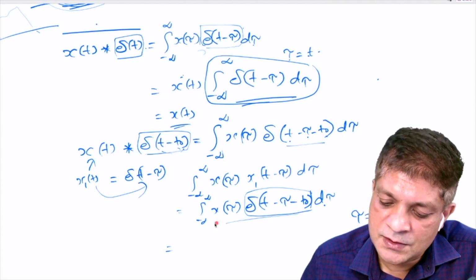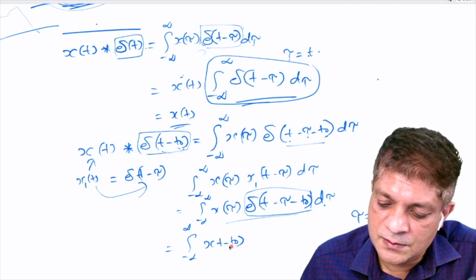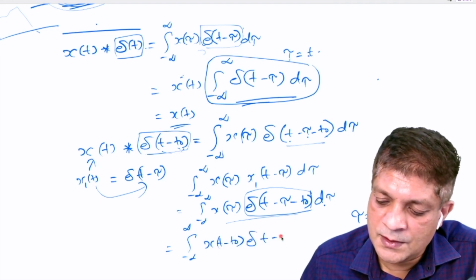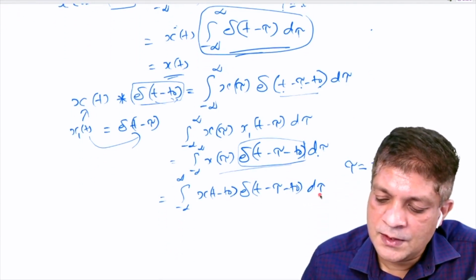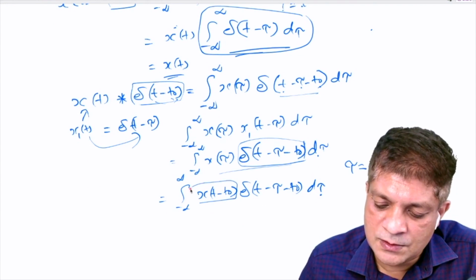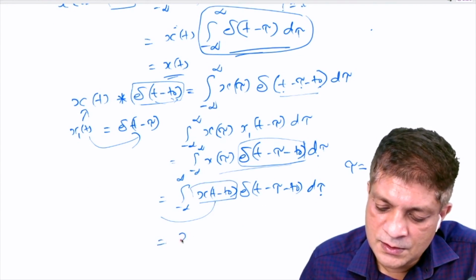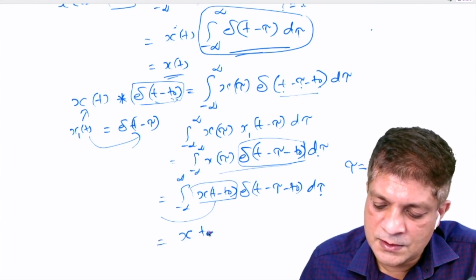So this is the integral from minus infinity to infinity of x(t minus t naught) delta(t minus tau minus t naught) d tau. Now what is that integral? Integration with respect to tau. This is a constant, we can take it outside: x(t minus t naught).